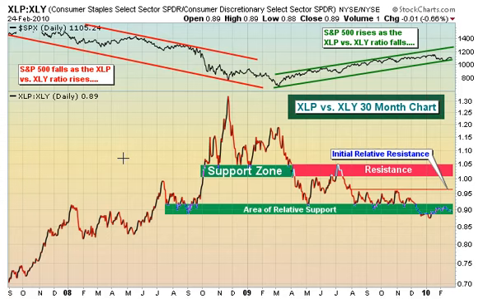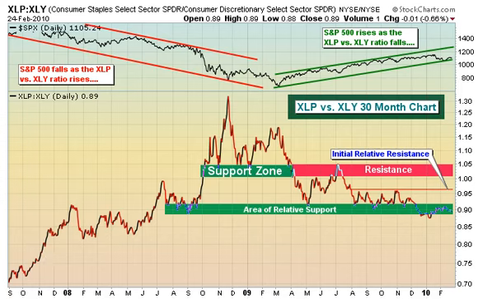When we take a look at these two, it makes sense from a common sense standpoint that when the stock market is going down, like we saw from the market peak in October of 2007 all the way to the March 2009 lows, during that entire period where we were seeing prices decline, we actually saw the relative ratio of consumer staple stocks to consumer discretionary stocks rise.